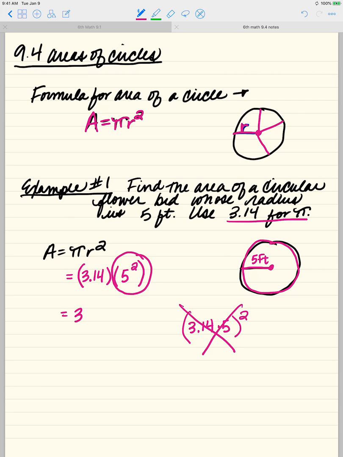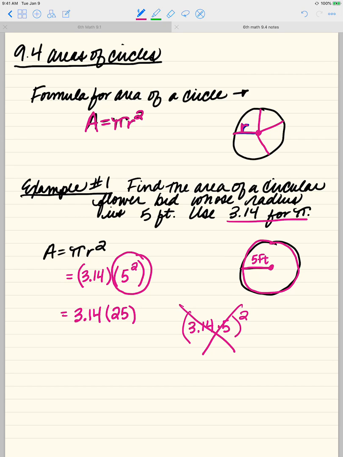So it's really 3.14 times what is 5 squared. You should have that committed to memory. 5 squared is 5 times 5, not 5 times 2. 5 times 5, which is 25.